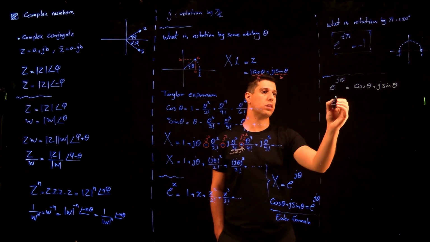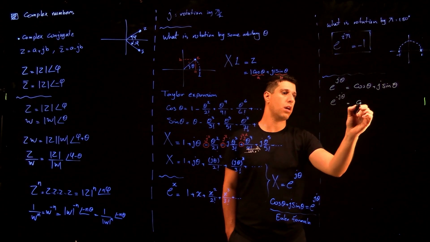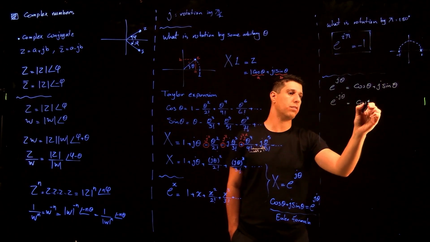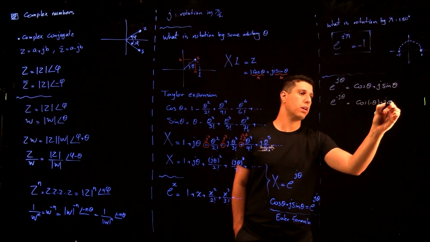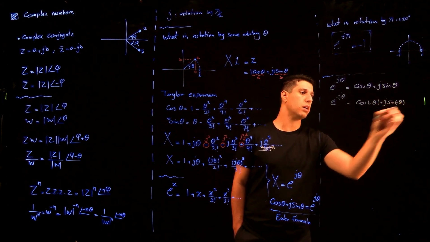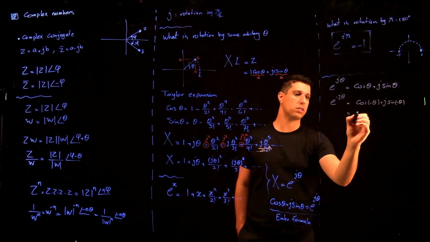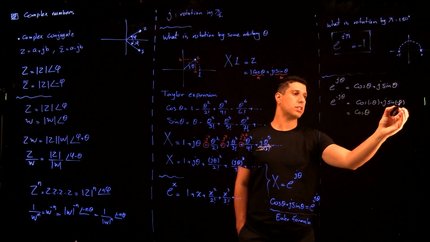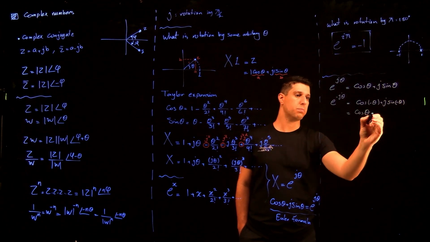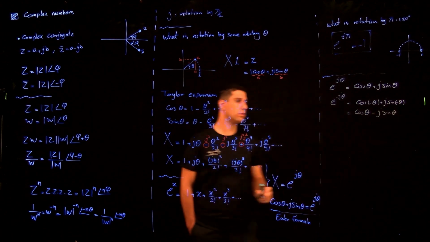I can easily write the opposite rotation. That's cosine of minus theta plus j sine of minus theta. Cosine of minus theta is the same as cosine of theta. Sine of minus theta is minus sine of theta.